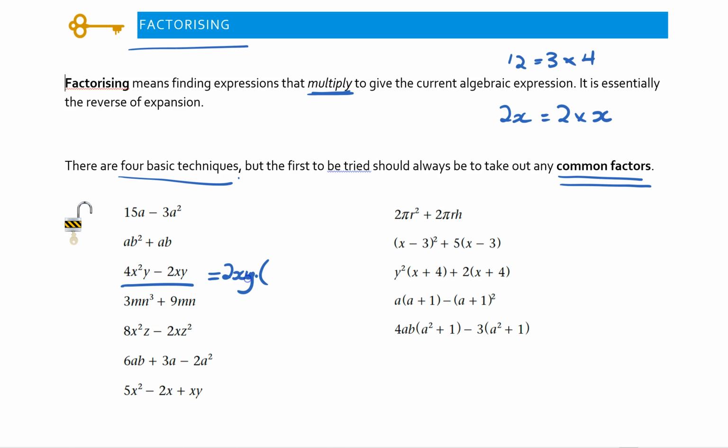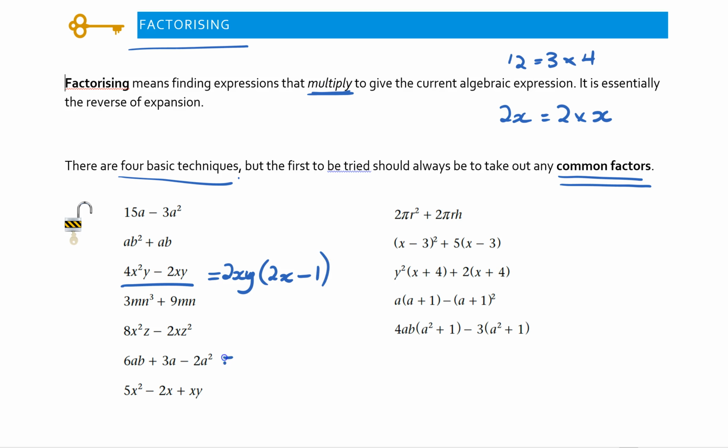Well, if you can't see it straight away, what you can do is simply divide each term by your common factor, 2xy. So if I took 4x squared y and divided it by 2xy, I would get 2x. And of course this bit would be 1. So that's it factorised. So two things that multiply together to give me this are 2xy and 2x minus 1.